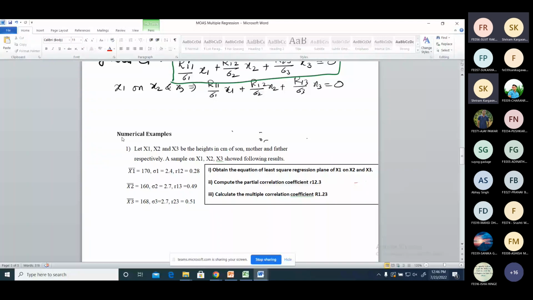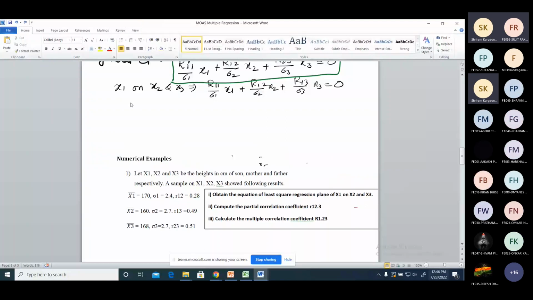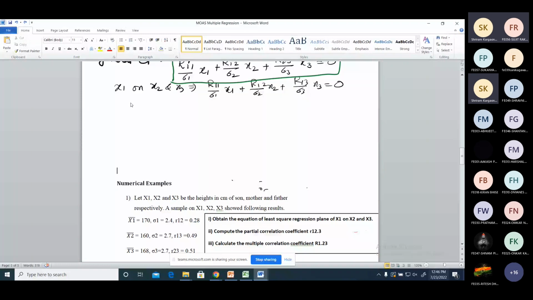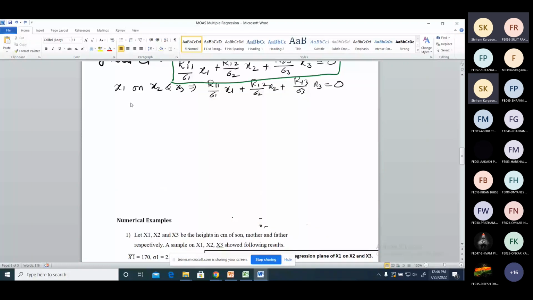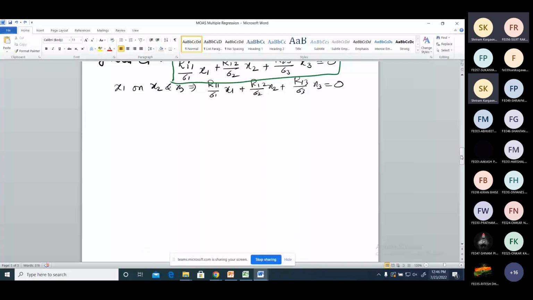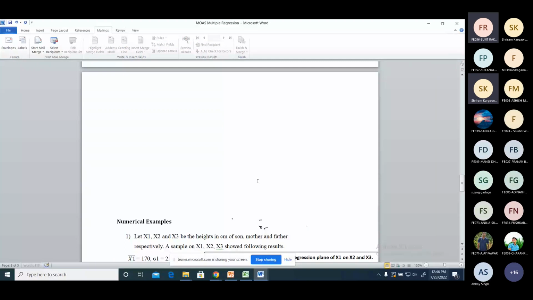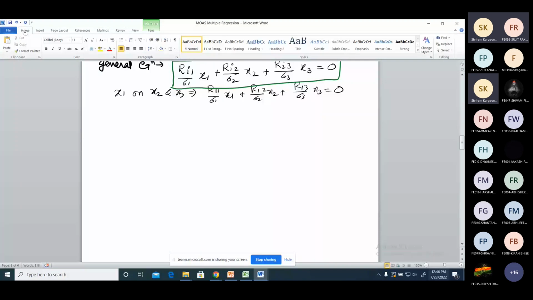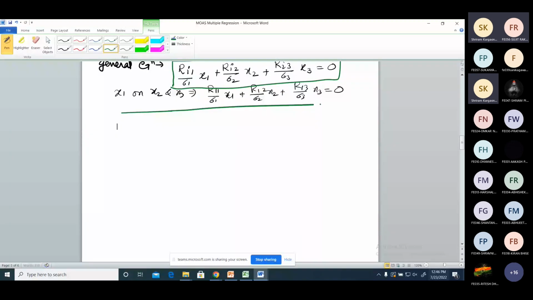First of all, I will explain multiple correlation and partial correlation. These were the hints for multiple regression, and now you are able to produce all the three equations very comfortably. Now I will explain multiple correlation.